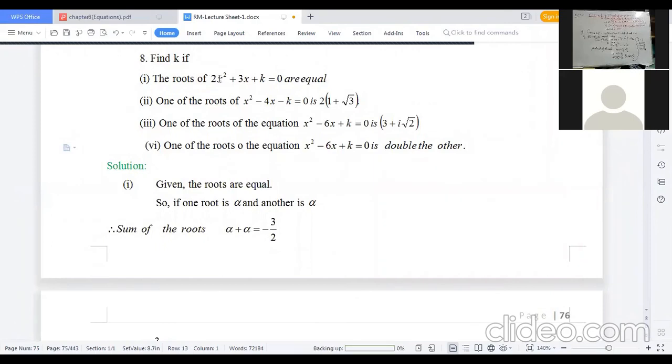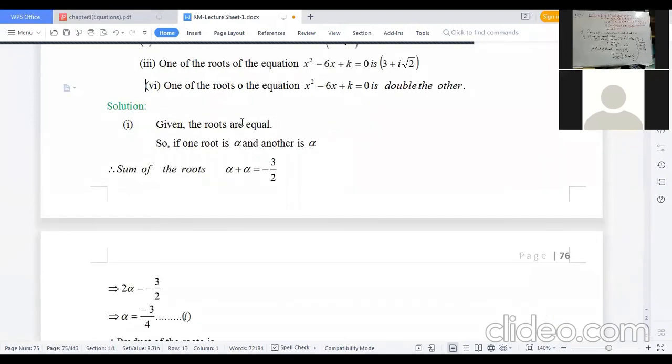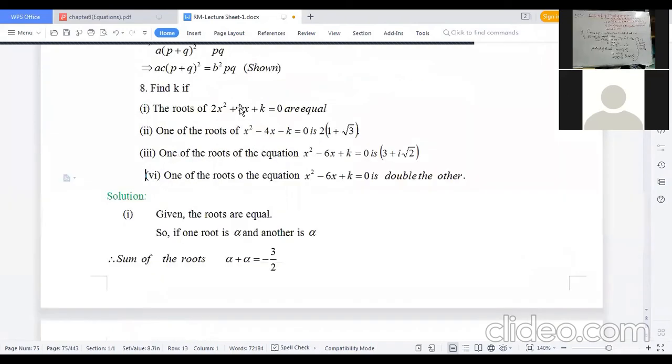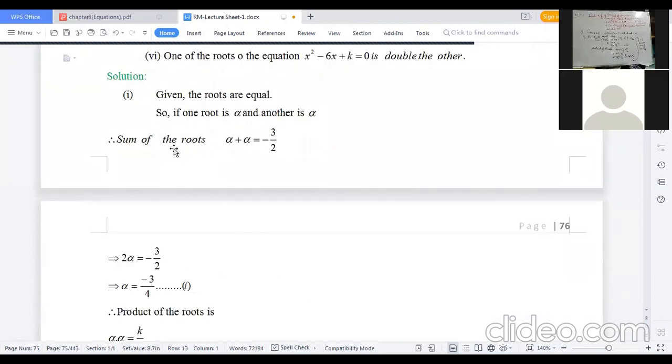Now for the first condition, for the given equation 2x² + 3x + k, if the roots are alpha, both roots are equal. So sum of the roots is minus b by a. From the given equation b equals 3, a equals 2, and c equals k.